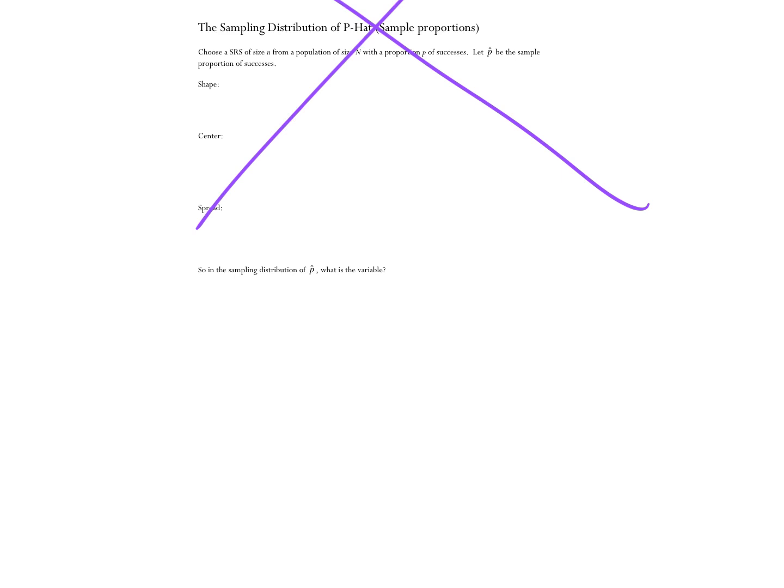It was the sample proportions though. So for any sampling distribution of P hat, the variable is P hat. You had this P hat, someone else had this one, this one, this one. We all got different P hats. That's where we varied, yeah?